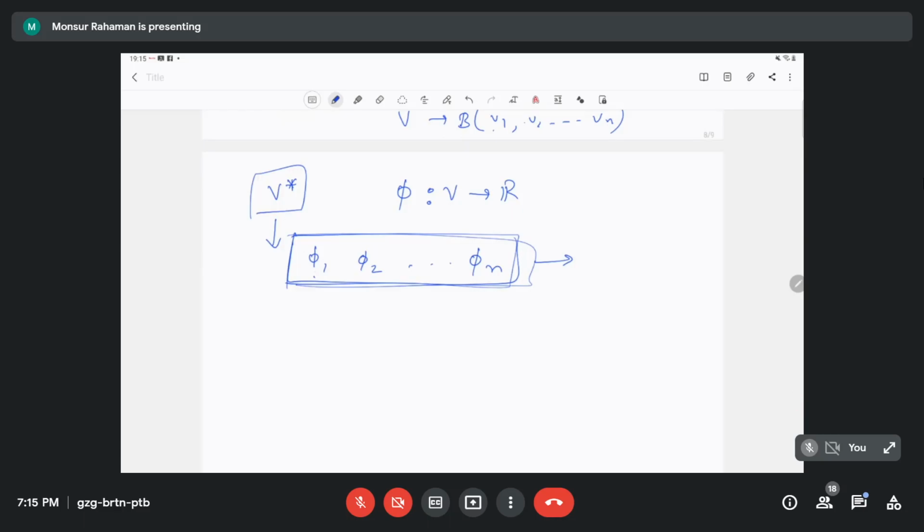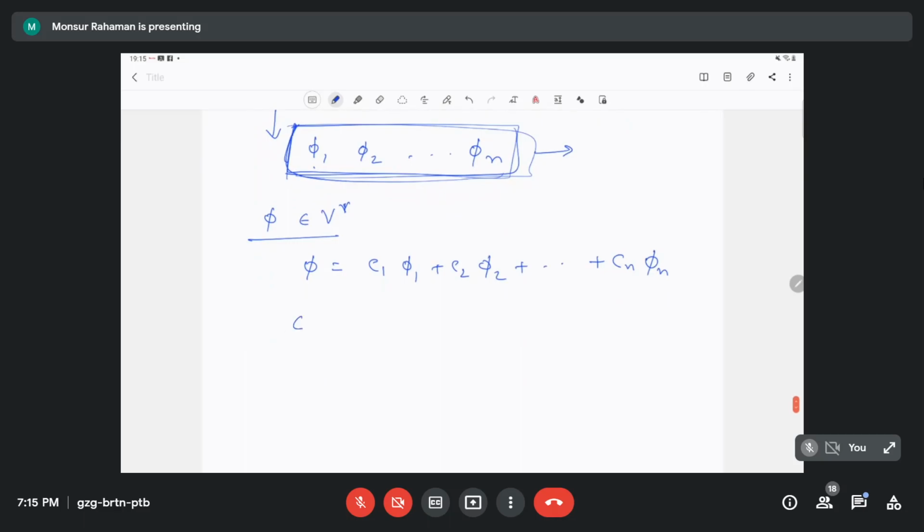V star has a basis, which means you can take any function from V star, and it can be expressed in terms of phi 1, phi 2. Means phi equals c1 phi 1 plus c2 phi 2 plus cn phi n. Phi actually is a function. So phi of v is a real number.